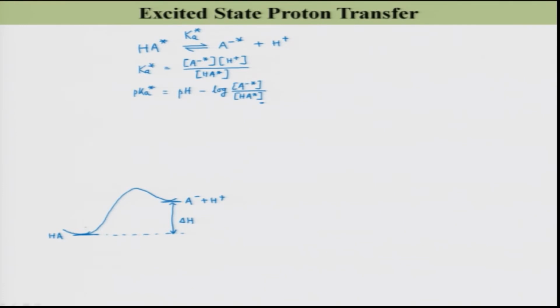In the ground state, you see this barrier is very high, right. So, naturally the pKa value is really high. It is not a very good proton donor.